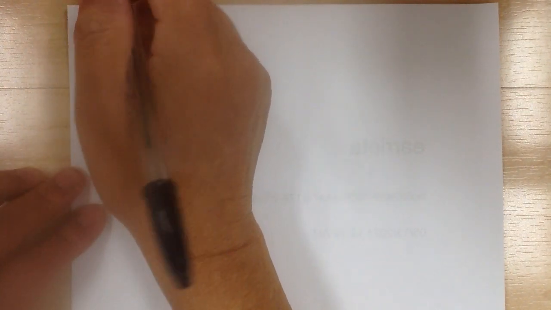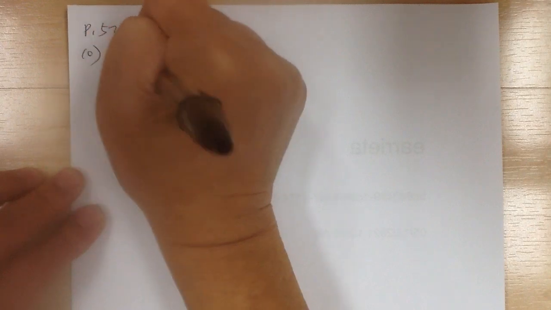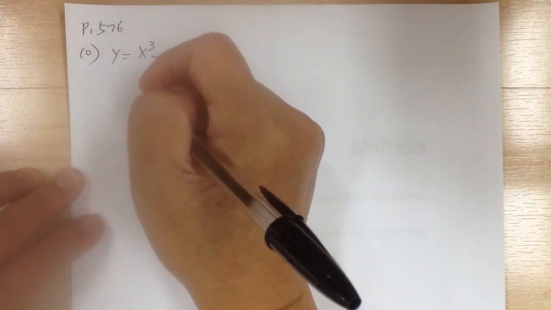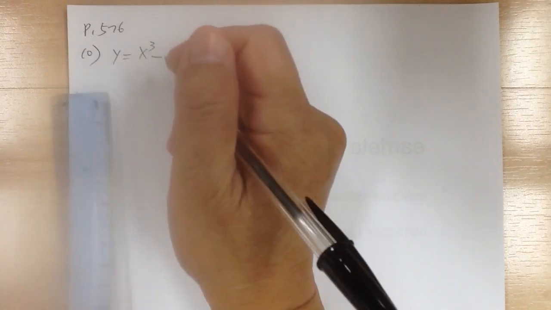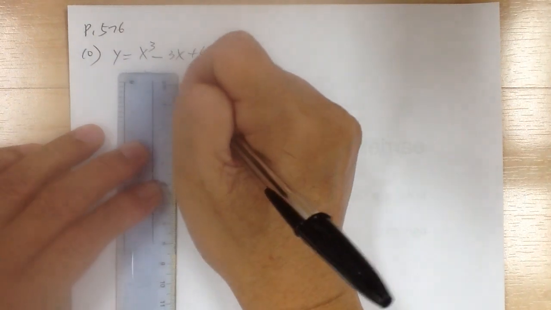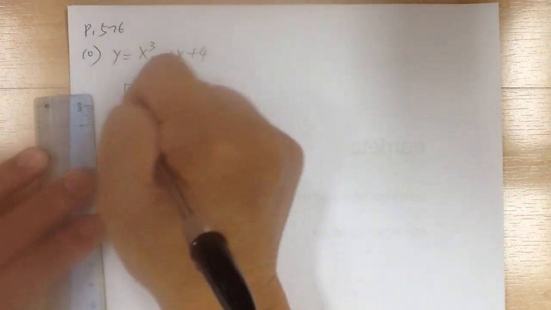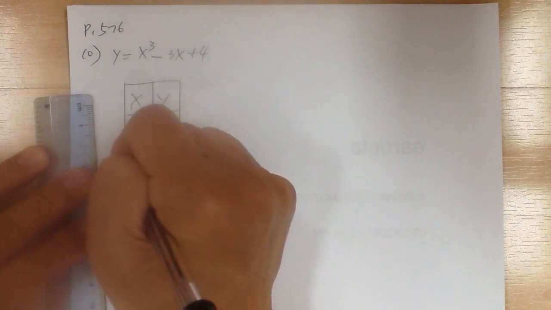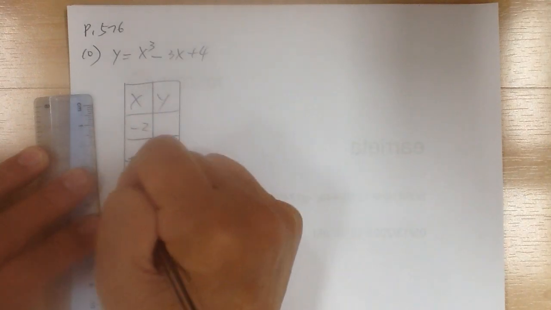Okay, number 10. Your equation is y equals x cubed minus 3x plus 4. And you want to get the values starting from negative 2. So you've got negative 2, and the next one would be negative 1.